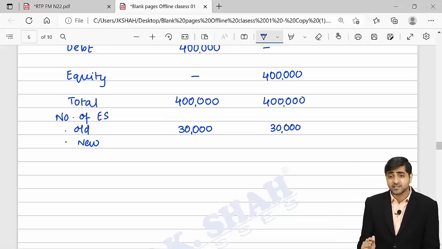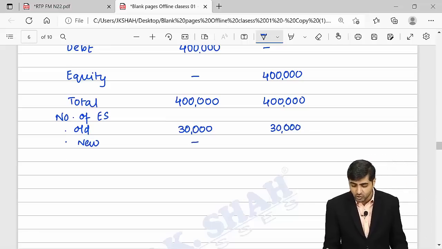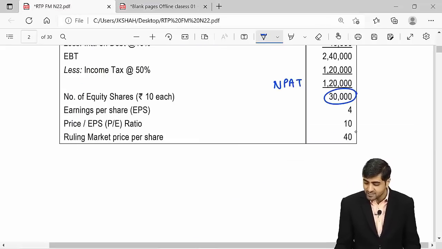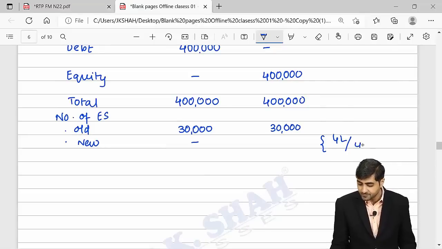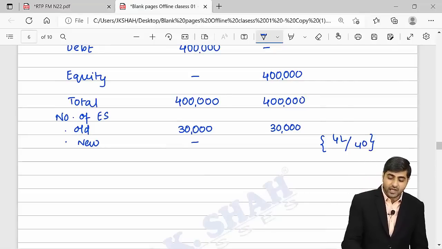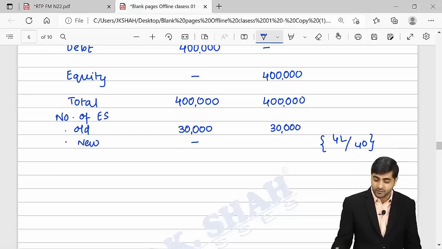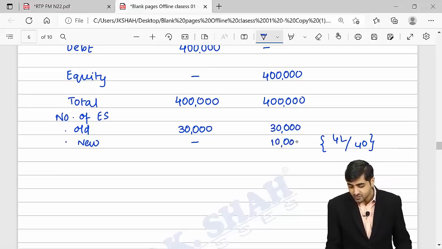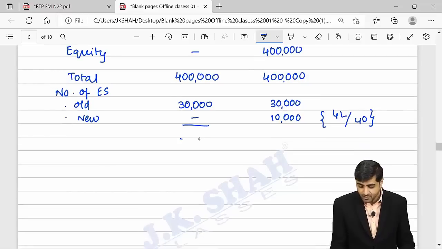But new shares will only come in plan 2, where your equity is 4 lakhs and you divide this by the market price, which is 40. So 4 lakh divided by 40 gives you 10,000 shares. Ultimately you will have the number of equity shares here as 30,000 and here as 40,000.